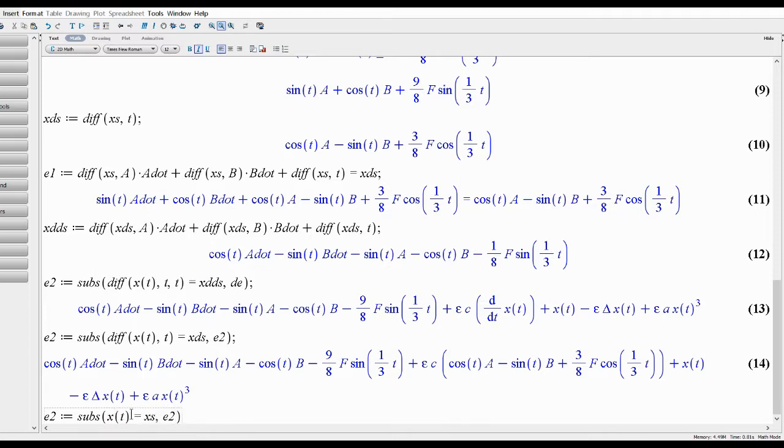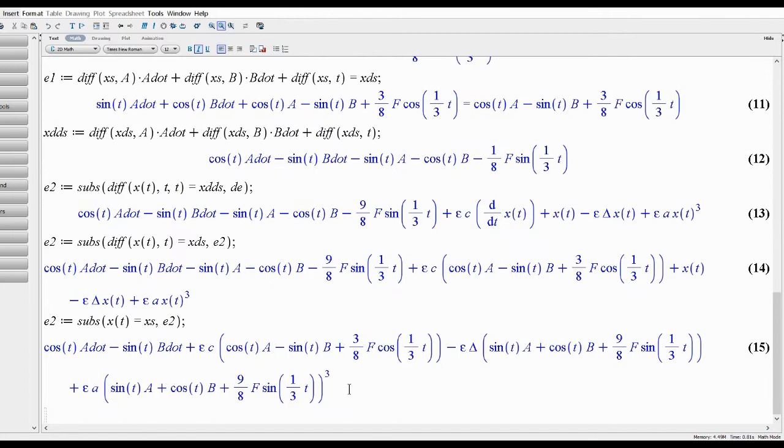And that should take care of that. Now I will say slow is equal to solve E1 and E2 for A dot and B dot.